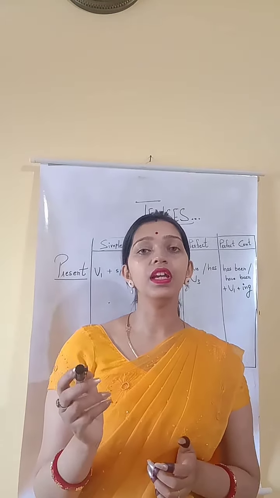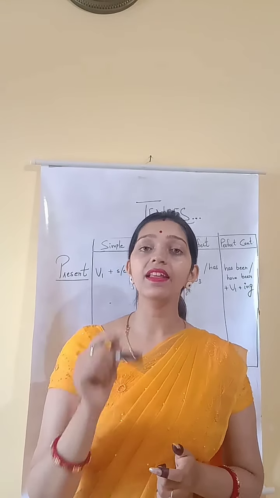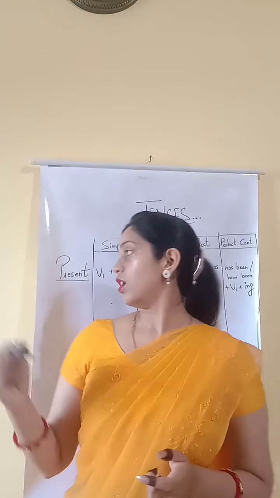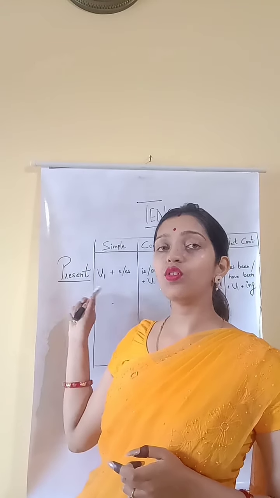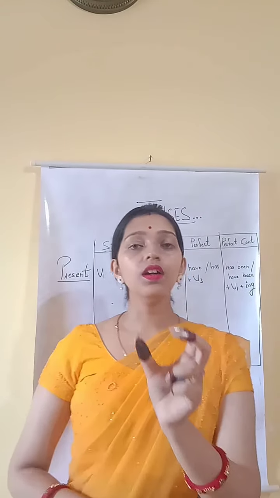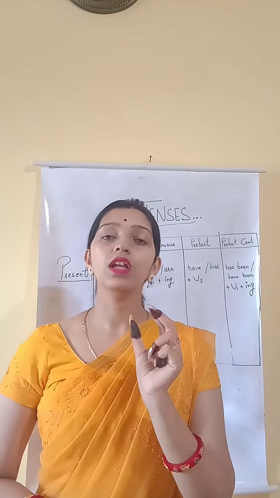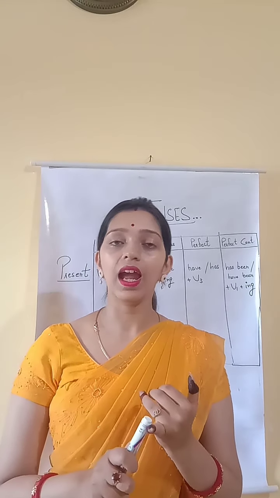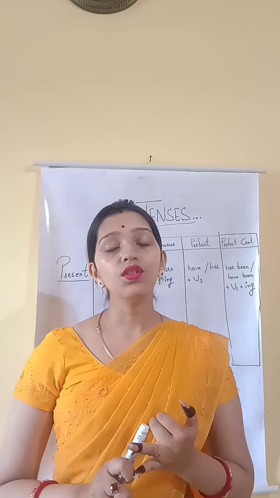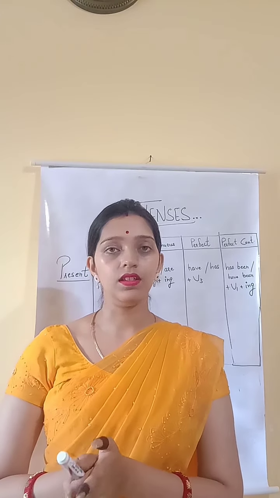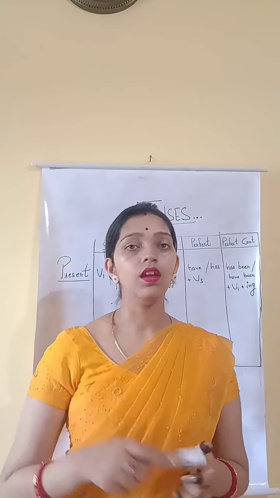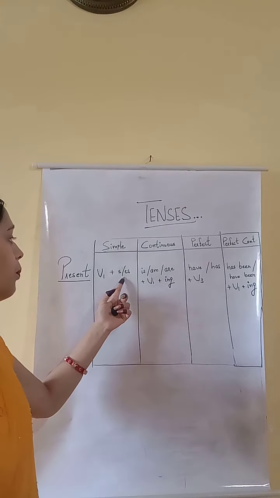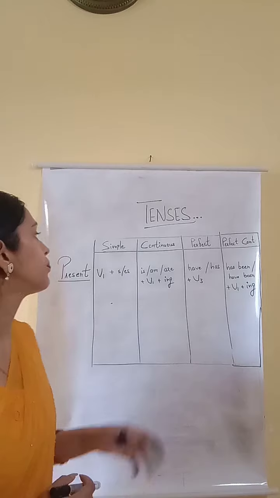In that, if we add es, goes, so verb first form go plus es. In the verb in which you need to add es, and in which you need to add s. Like play, plays, go, goes. So verb first form plus s or es.